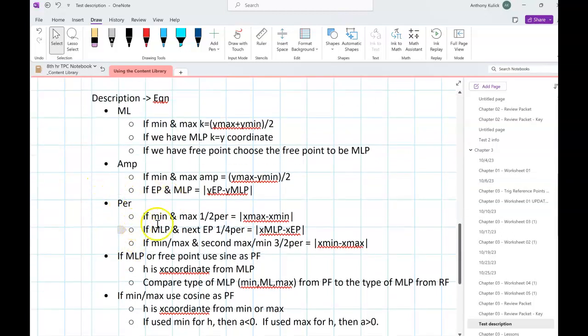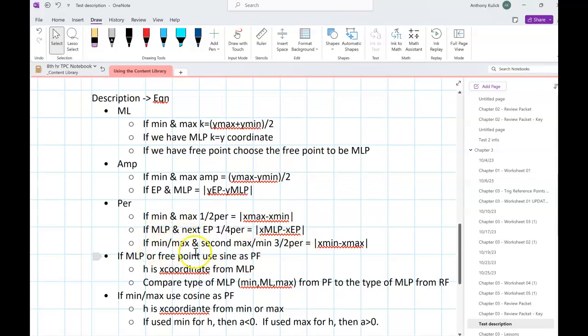For periods, if I have a min and a max, I know that half of the period is going to be the difference in the x coordinates between the min and the max. If I have a midline point and then the next extreme point, whether that's a min or a max, I know a quarter of the period is the distance between the midline point's x coordinate and the extreme point's x coordinate.